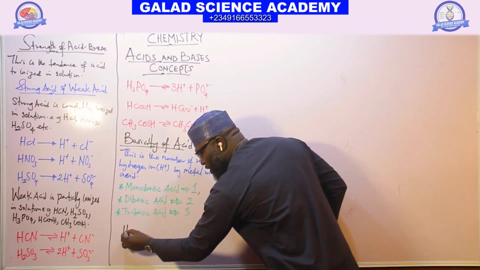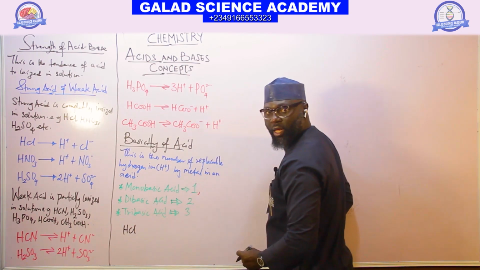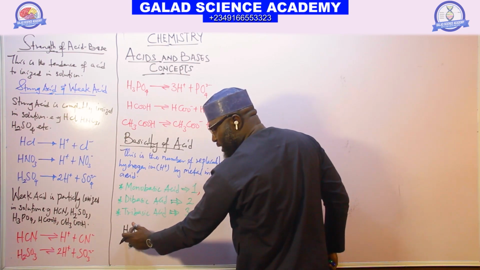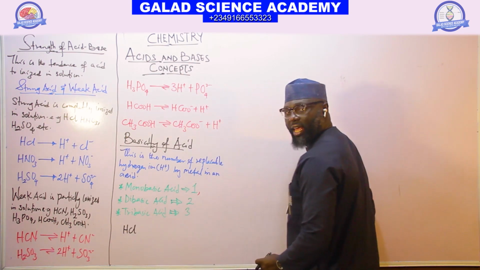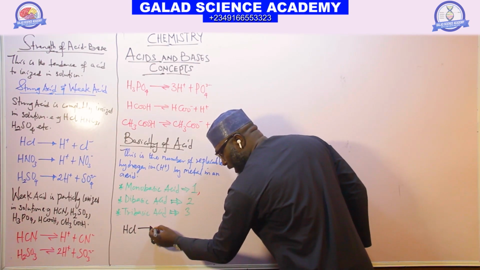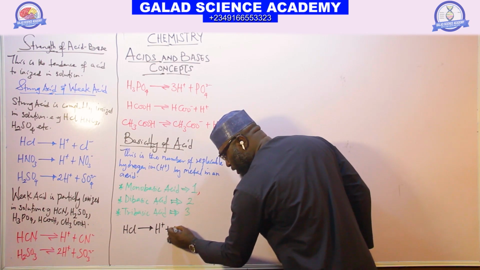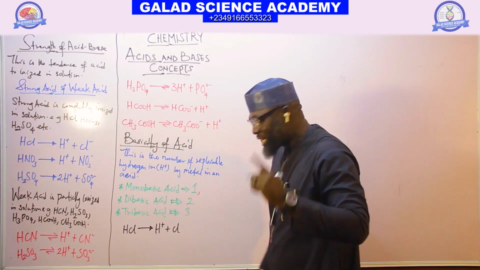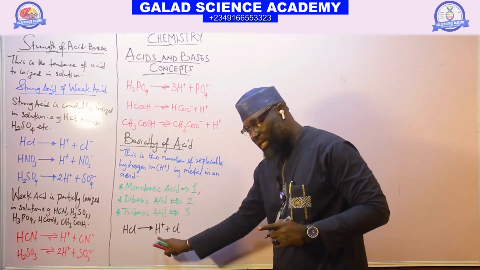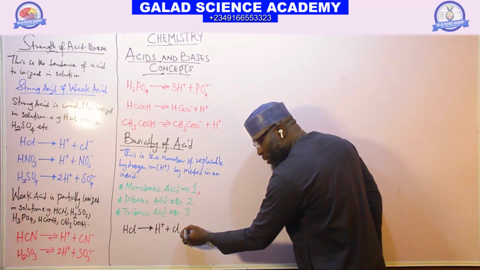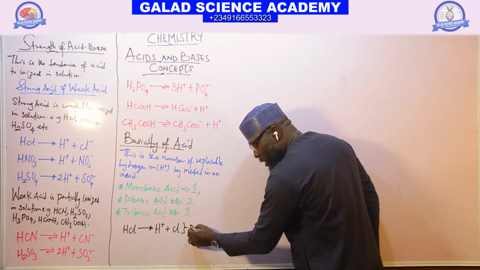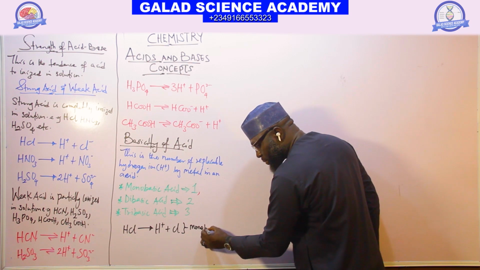We have HCl. How many hydrogen atoms can be ionized here? HCl will give us H plus and Cl minus. So the number of hydrogen atoms that metal can replace in HCl is 1. Therefore, HCl is monobasic.